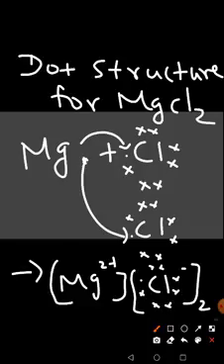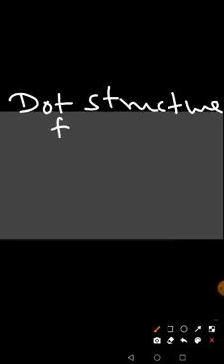Okay, so like this, I'll show the dot structure for calcium oxide also. So we'll proceed now. Let's now do the dot structure for calcium oxide.